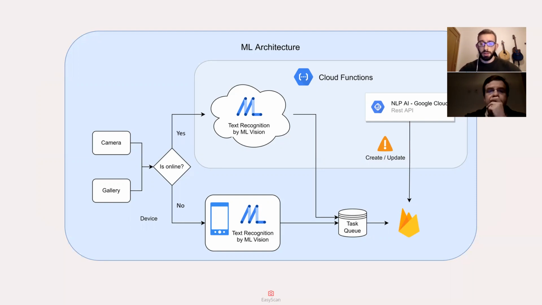In Cloud Functions, we also have a trigger that is triggered when a record is created or updated in Firestore. In this case, as we just created a record, this trigger will be triggered and call the Natural Language Processing API, which will get the text that was saved and show us some more analytics, like the sentiment and its intensity, as well as the information type.